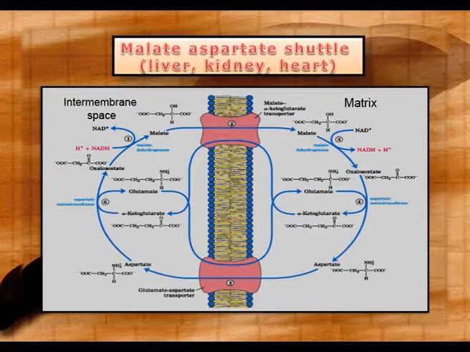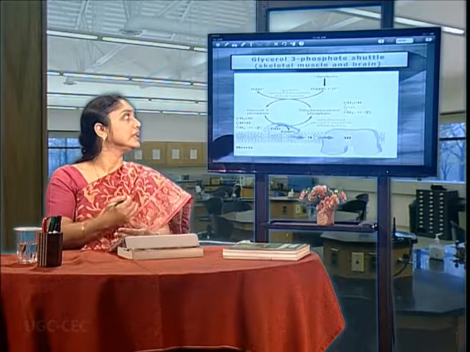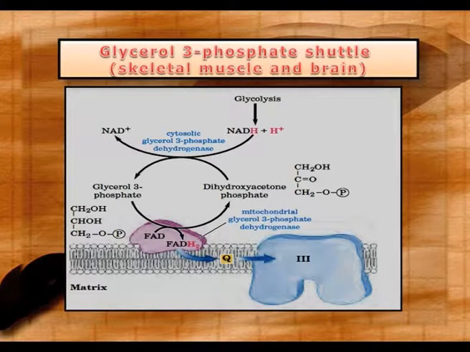And the cells which use this shuttle can generate 2.5 molecules of ATP from one electron pair transfer from NADH to O2. Another shuttle system that is operative in skeletal muscle and brain cell mitochondria is called the glycerol 3-phosphate shuttle. Here the reducing equivalent from NADH is given to flavin adenine dinucleotide and then to coenzyme Q. That means it acts like the complex 2 to coenzyme Q pathway.